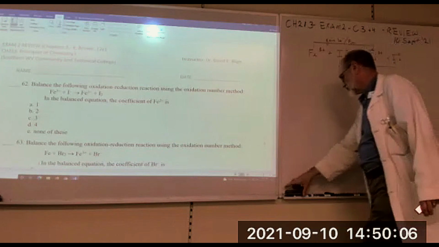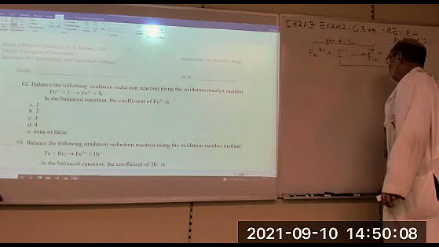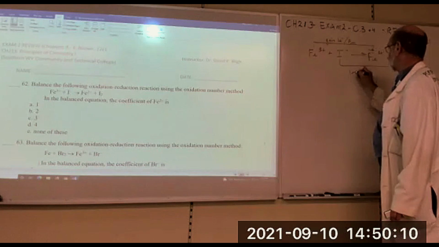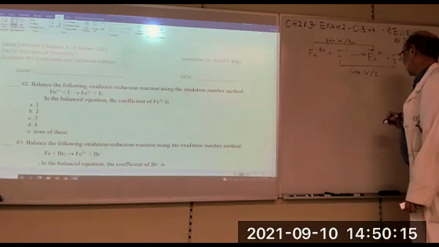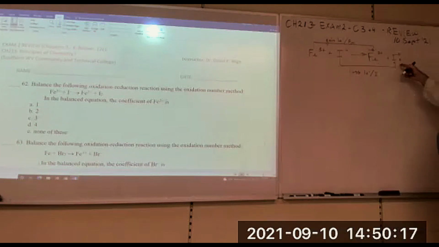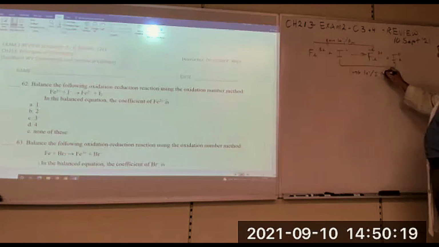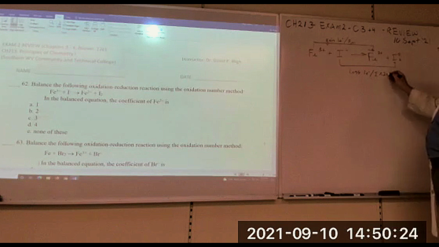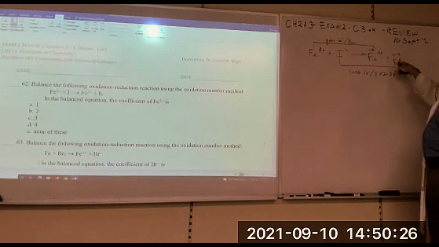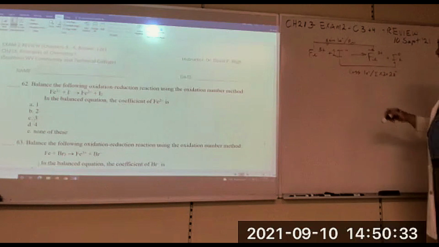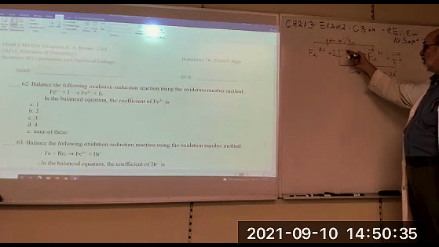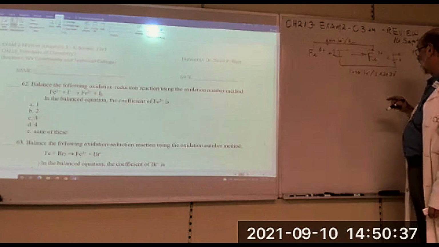So loss 1 electron per iodine. But we got 2 of them, right? So that means 2 electrons had to be lost to get to this point, which means we need 2 of these, right? 1 electron each went from -1 to 0, okay?